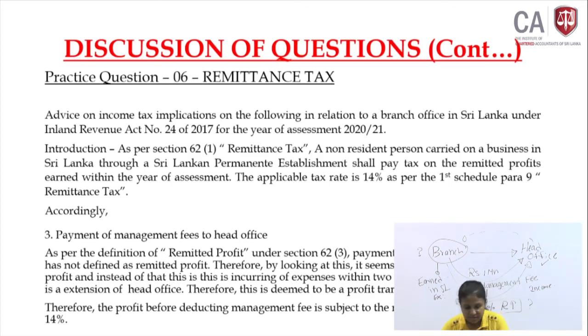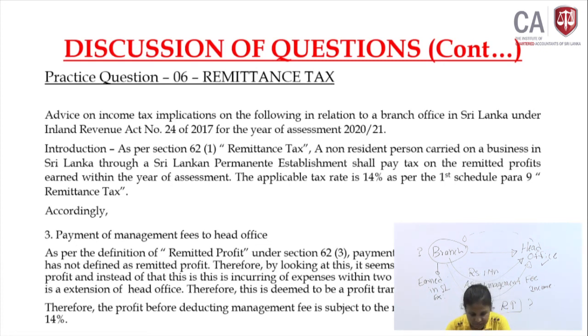Therefore, the profit before deducting management fee is subject to the remittance tax at the rate of 14%. Okay, this is not the branch office incurring expenditure on behalf of the head office. This is the arrangement of transferring the amount to the head office from the branch office.